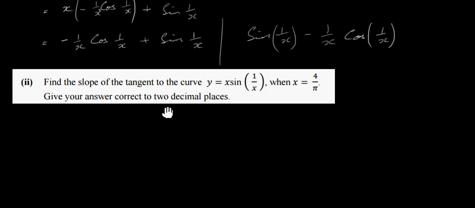The slope of a tangent to this particular curve, we just have to put the x value in. So I'll write down dy dx first: our slope is sine 1 over x minus 1 over x cosine 1 over x.